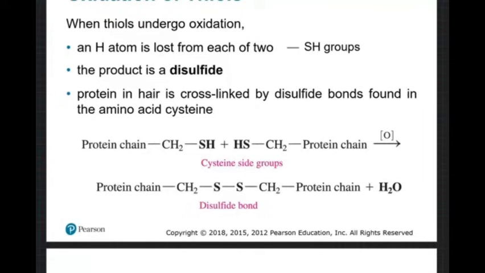Now, oxidation of thiols. So here you can see a thiol, okay, two thiols actually, that are a part of an amino acid called cysteine. When they are oxidized, the hydrogens are removed and they form this disulfide bond. Now, I want to highlight something. Hear me out.